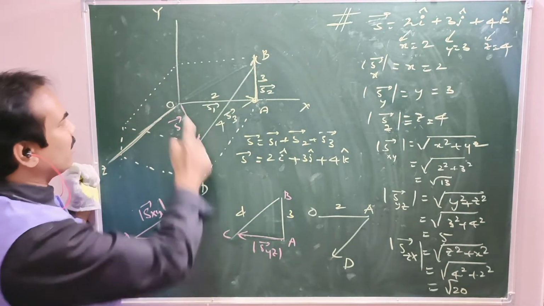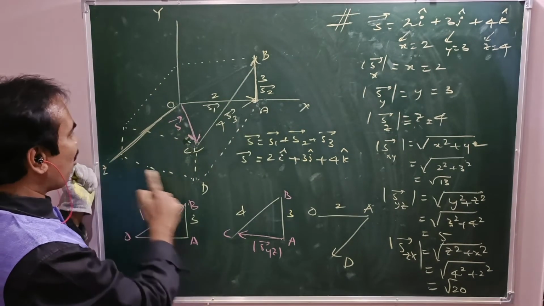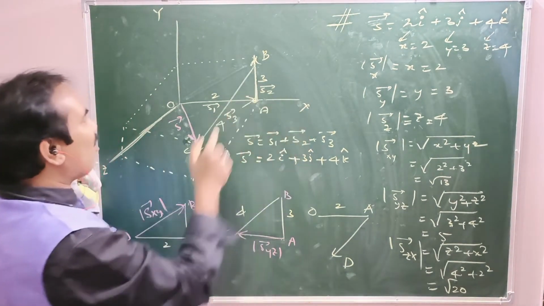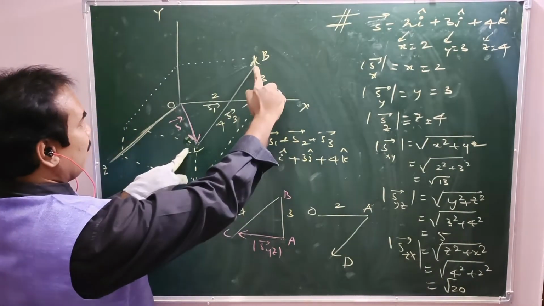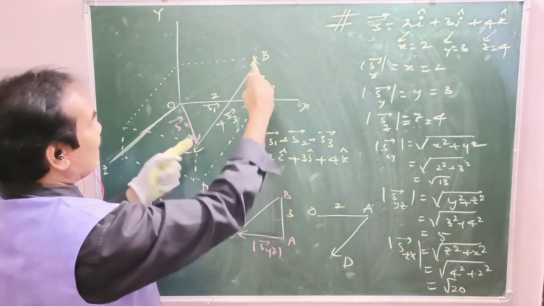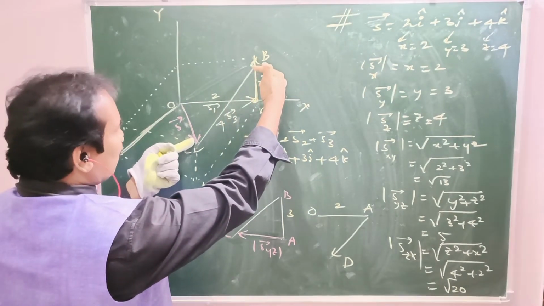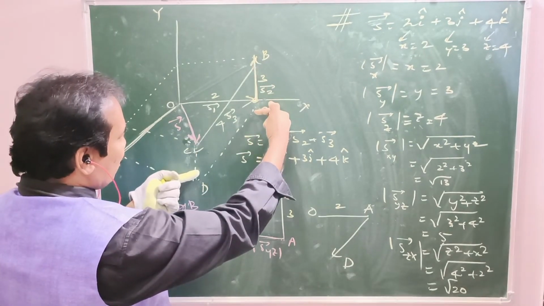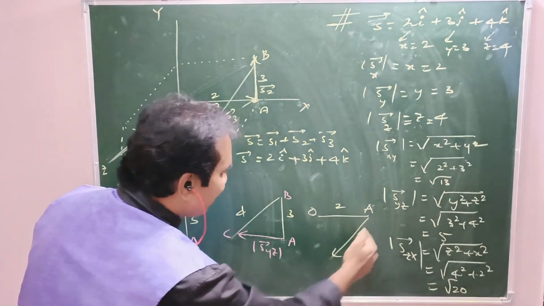ZX plane means here the X axis, here the Z axis, this bottom plane. In that bottom plane, OA is lying in that plane only, but the other side is lying somewhat high. That is the reason why it is to be shifted down to touch the ZX plane. So OA, AD.